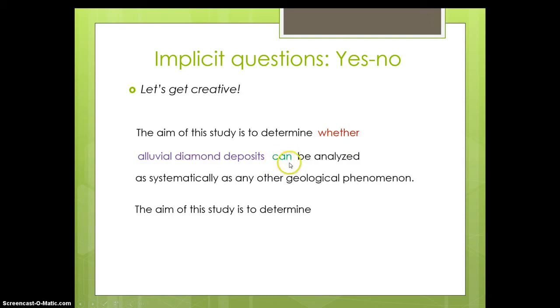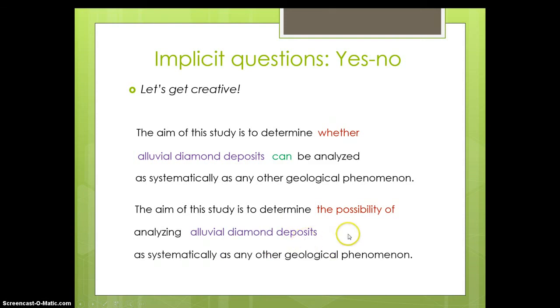So this idea of possibility in the modal can, you can actually use that: the possibility of analyzing alluvial diamond deposits as systematically as any other geological phenomenon. Notice, by the way, the possibility of requires the gerund form of the verb there. So, the possibility of analyzing alluvial diamond deposits. And that's the end.